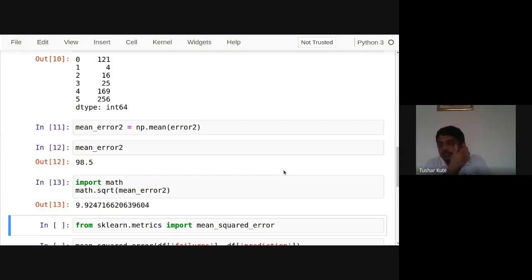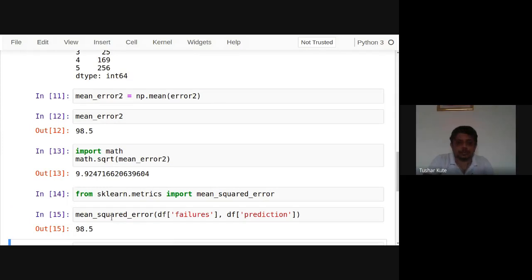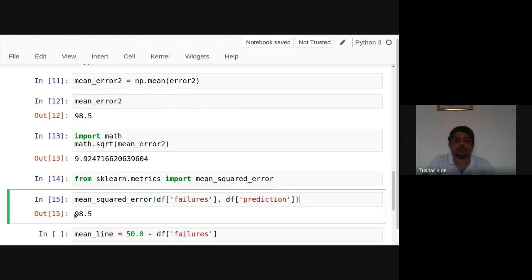That is the root mean squared error, calculated with the help of a library function. Also in metrics we have the mean squared error function. Root mean squared error is not there. We have to use the square root of it to perform this operation. So check it out. Executed, and now see the same number. From here I have calculated manually, and here I have calculated by the library. Mean squared error, that is df of failure comma df of predictions, is equal to 98.5.